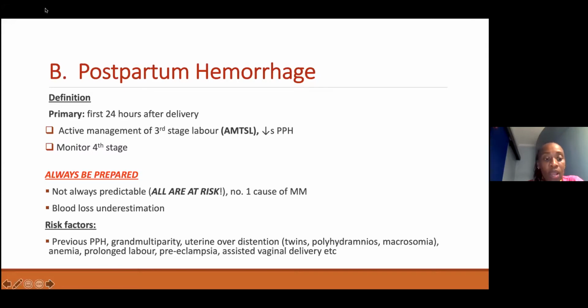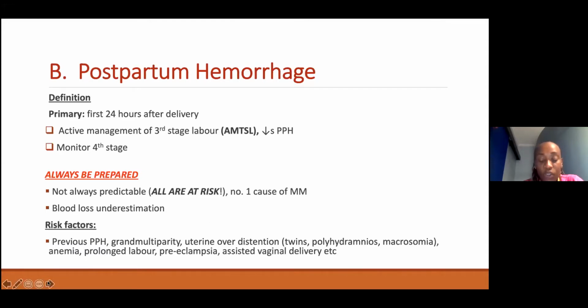Now, risk factors are important to note. The reason why, personally in my practice, I've recognized risk factors is because they allow you to also put in prophylaxis for those you deem at high risk. That still means all are at risk, but at least these ones who are at a higher risk, you can always give prophylaxis.